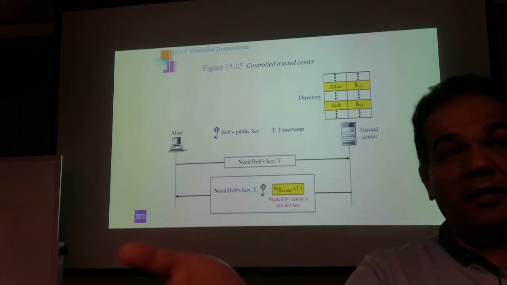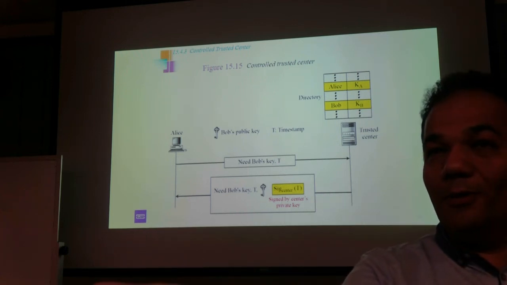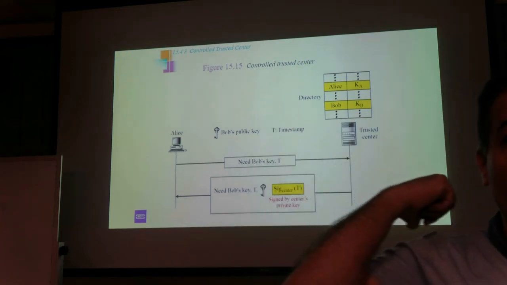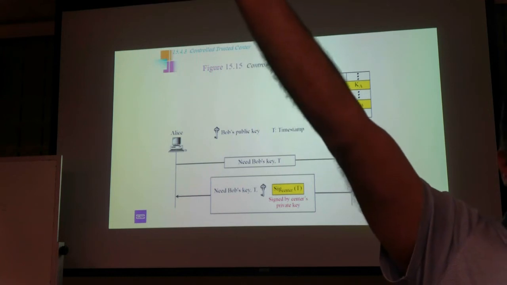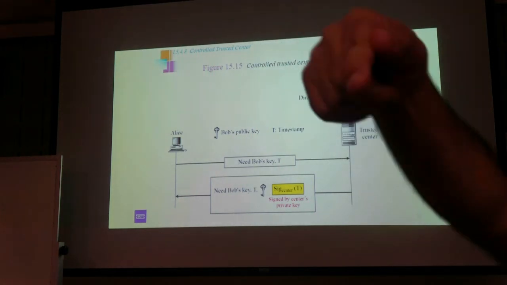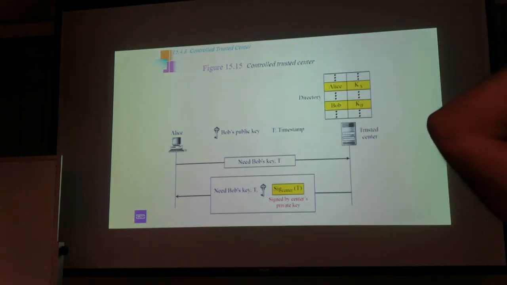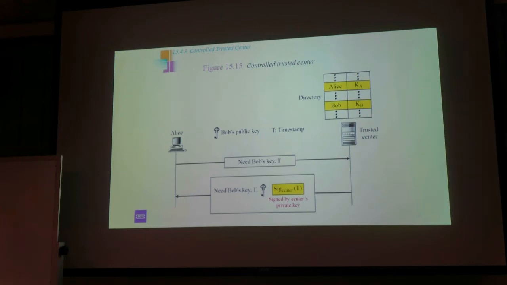I cannot get hold of you to sign it, so I can get it from someone you trust. You give your public key to that center, and anybody who needs your public key will get it from the center, signed. That's the whole idea.